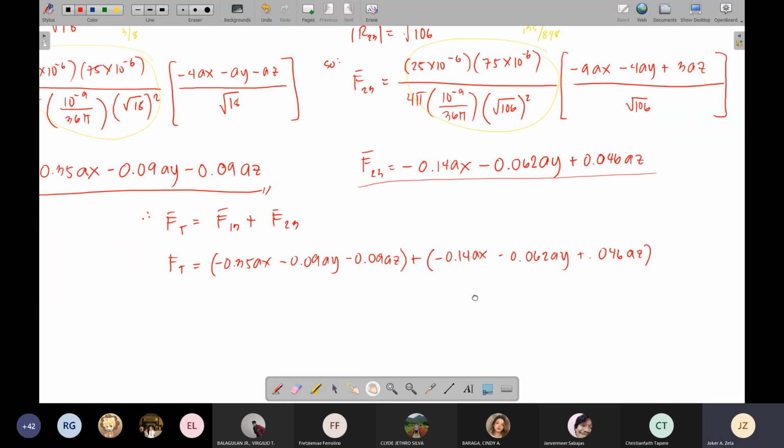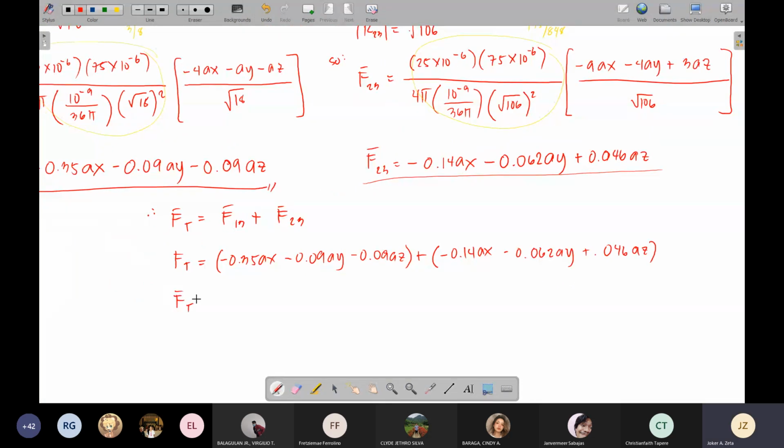Okay? So, force total will be equal to, let's start with AX, negative 0.35 plus negative 0.14. So, that is negative 0.49 AX. Okay. Then, for AY, that would be 0.09 plus 0.062.